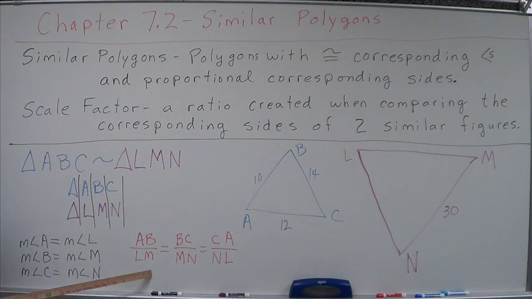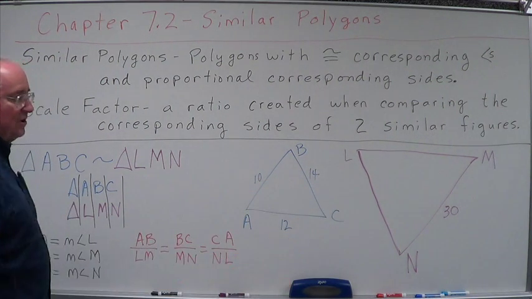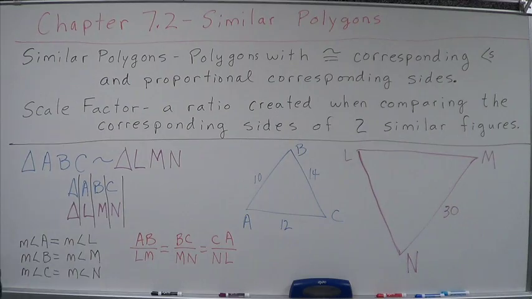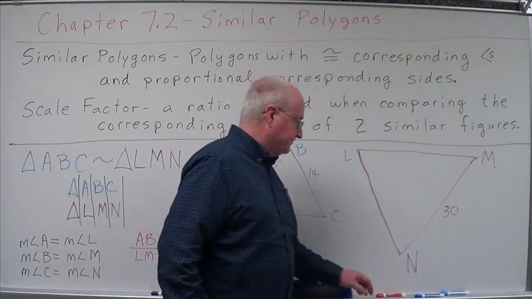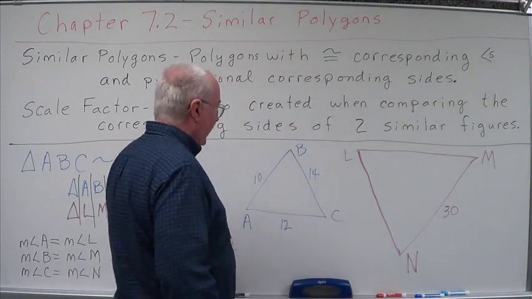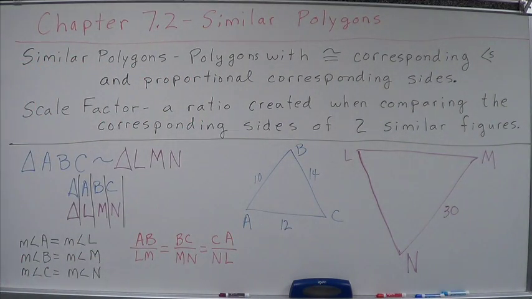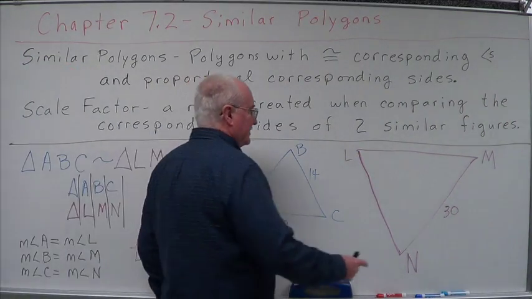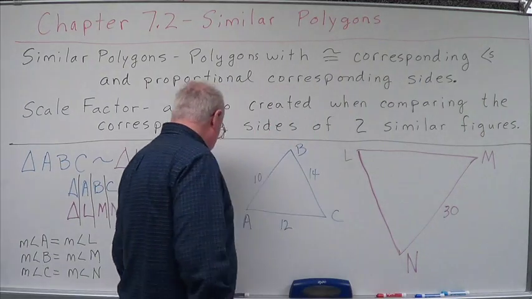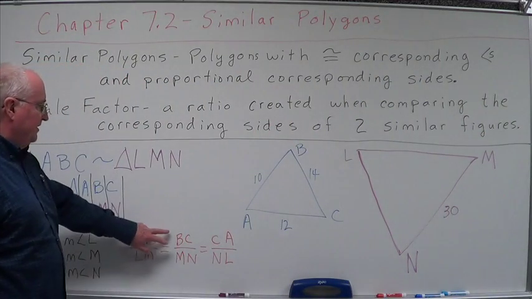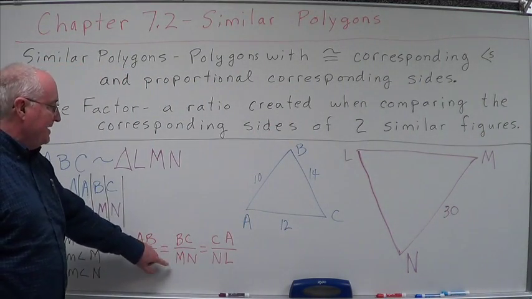Now what I've got is these three segments measured. They're different. I know they're not drawn to scale. And one of the segments of LMN is measured. This is segment MN. What does it correspond to over here? It corresponds to BC.